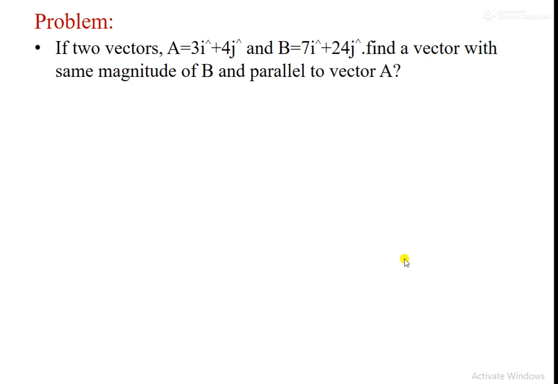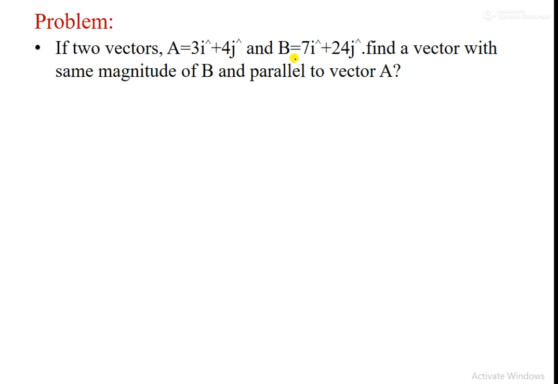So next we will try one more problem. This is also based on components of vectors. In this problem there are two vectors, A and B, given in components x and y.